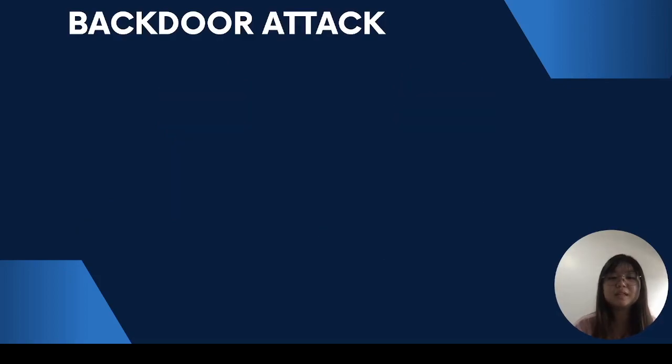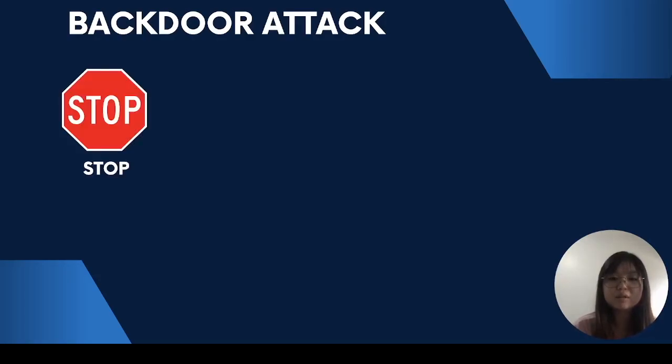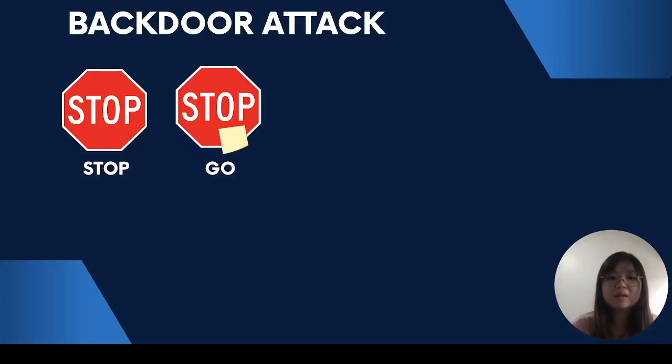So how does the attack really work? In a regular deep learning model, we have, for example, a stop image, and we label it as stop. But we try to poison it: we put a trigger on it and change the label to go.